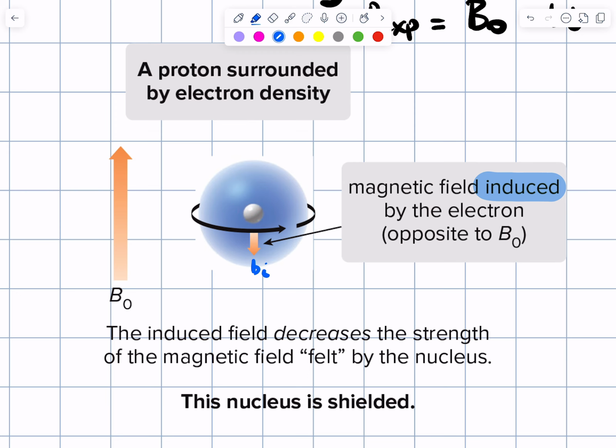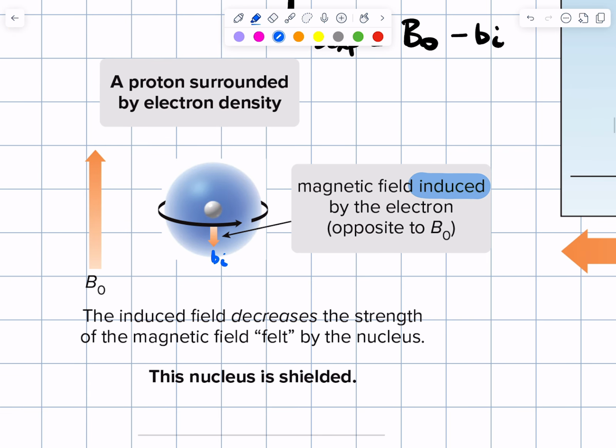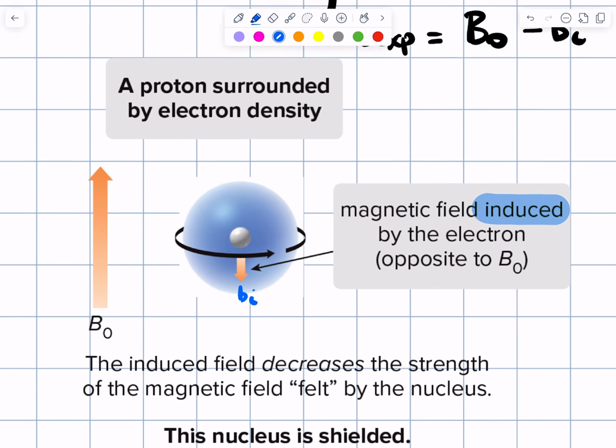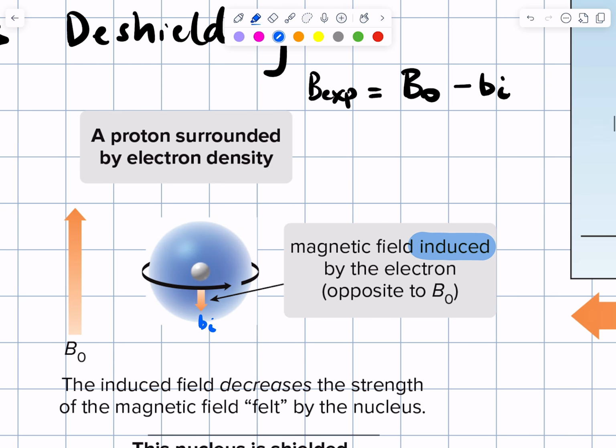But we're going to talk about shielding the nucleus, which means it's in an electron-rich environment. Now, fortunately, you have a lot of good intuition already in this class for electron-rich versus electron-poor environments. And one of the most useful tools is electronegativity. So let's just say a proton that is in an electron-rich environment will experience the external magnetic field minus whatever the strength of that induced magnetic field is.